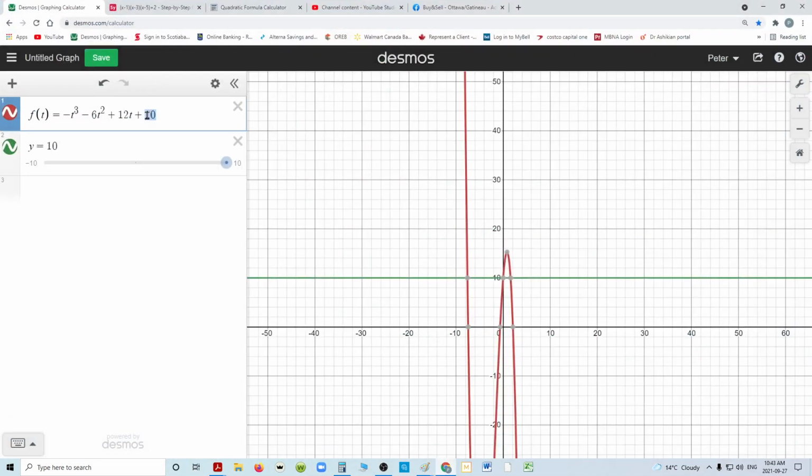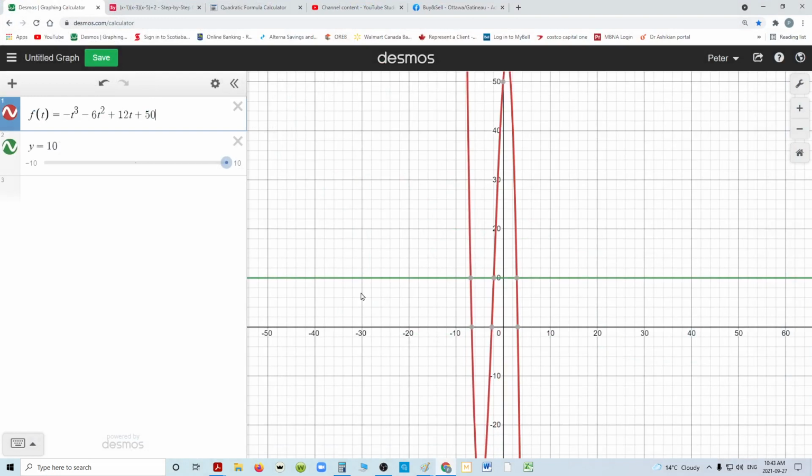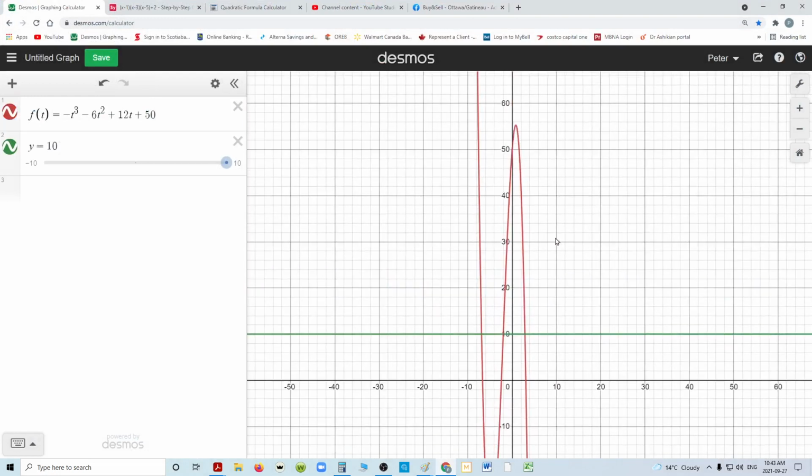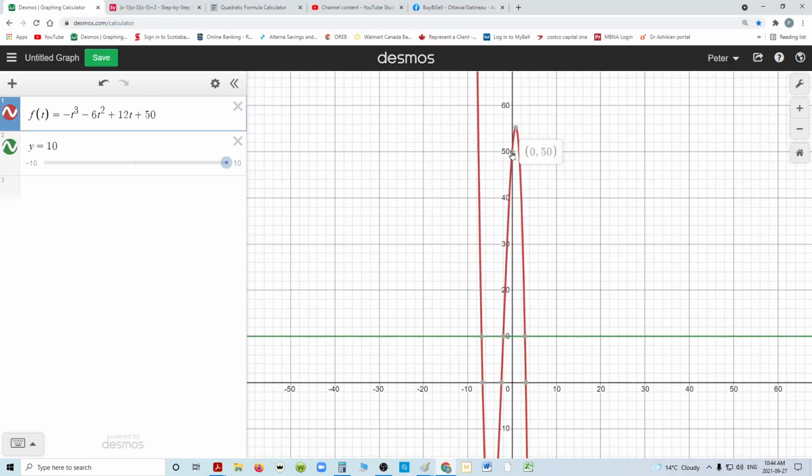So that shows you at 0 the temperature is 50 degrees because you've got a y intercept at 50.